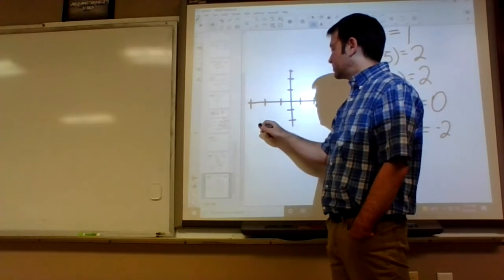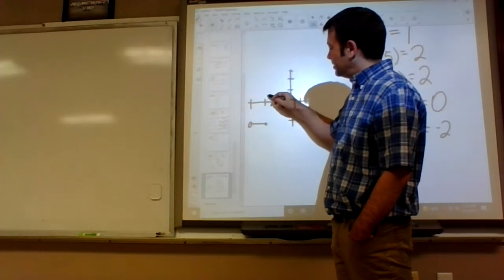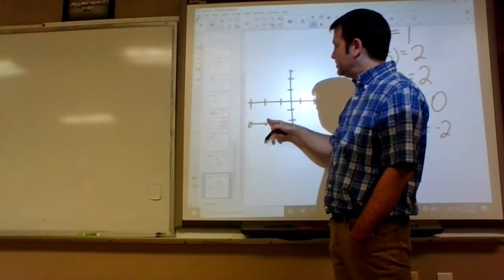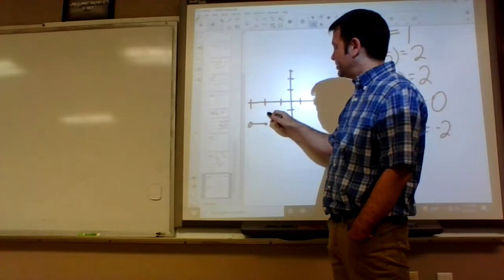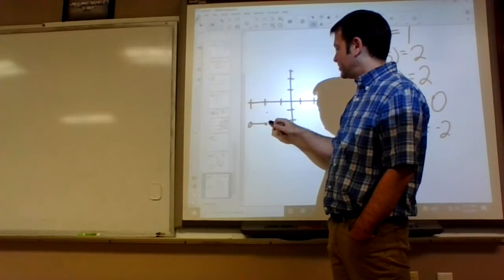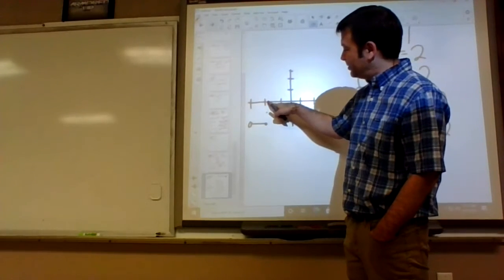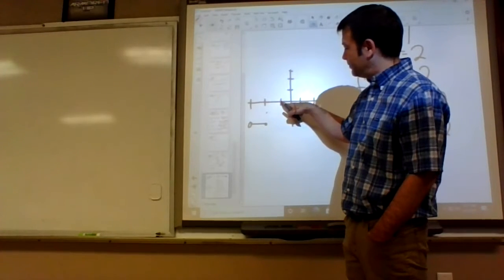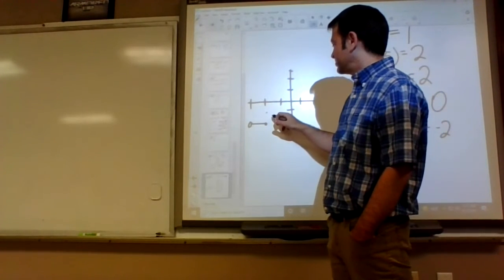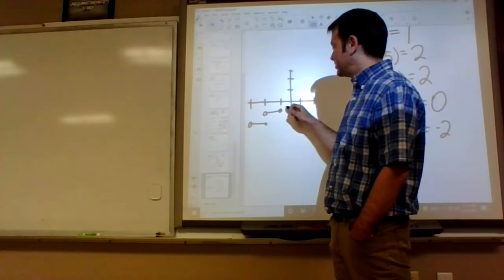If I plug in negative 1.9, that should round to negative 1. Gosh, this is hard. Let me just draw it and then I'll explain it.